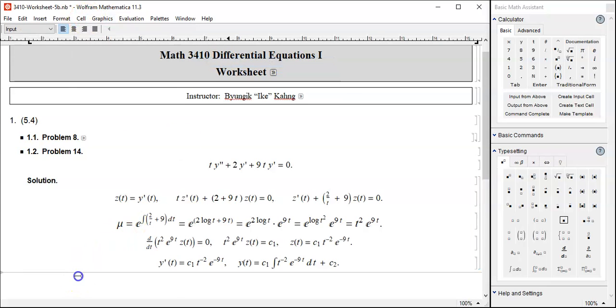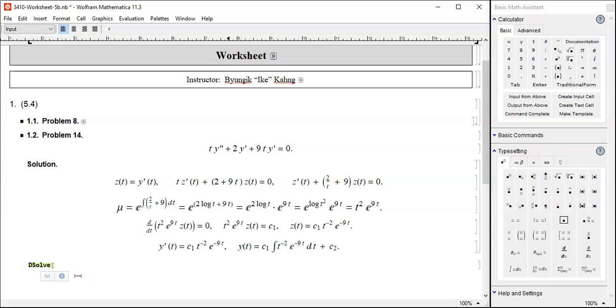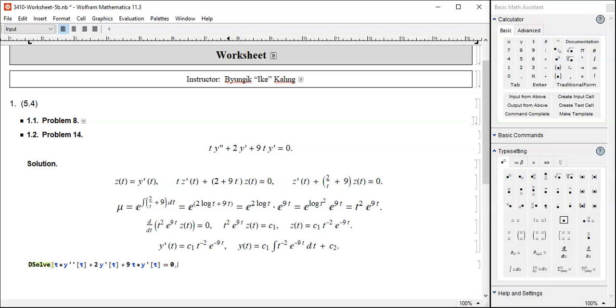Let's check. t times the second derivative plus 2 y prime of t plus 9t times y prime of t equal to 0, and so for y of t, okay, this expression is this integral because it could not be calculated by traditional means.